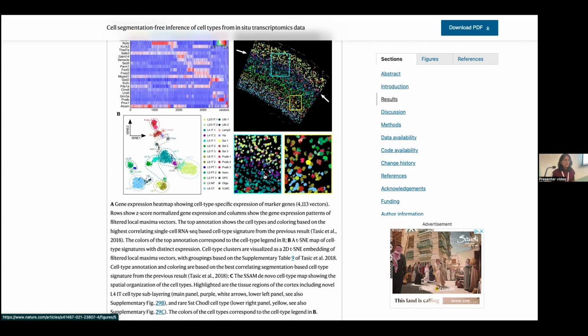The reason why I like this method is that I think this is something you might want to try for Visium HD. I don't know how well it will work for 2 micron or 16 micron. According to, I think, the SSAM paper, they mention that the scale does not matter.